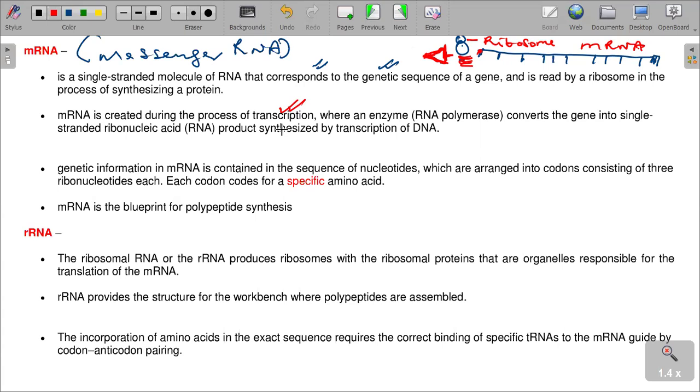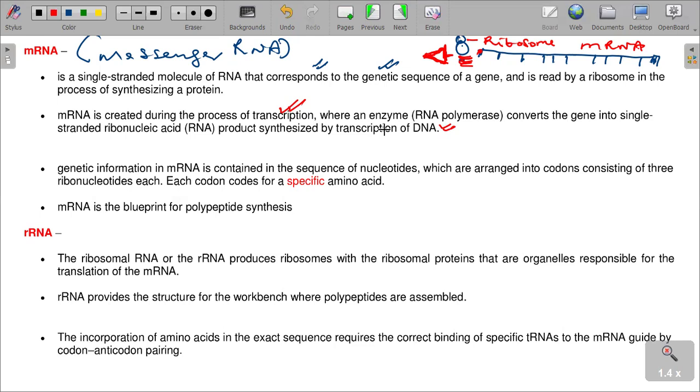Transcription, with the catalysis brought about by the enzyme RNA polymerase, which converts the gene into a single-stranded ribonucleic acid product synthesized by transcription of DNA. So it is a product of transcription.